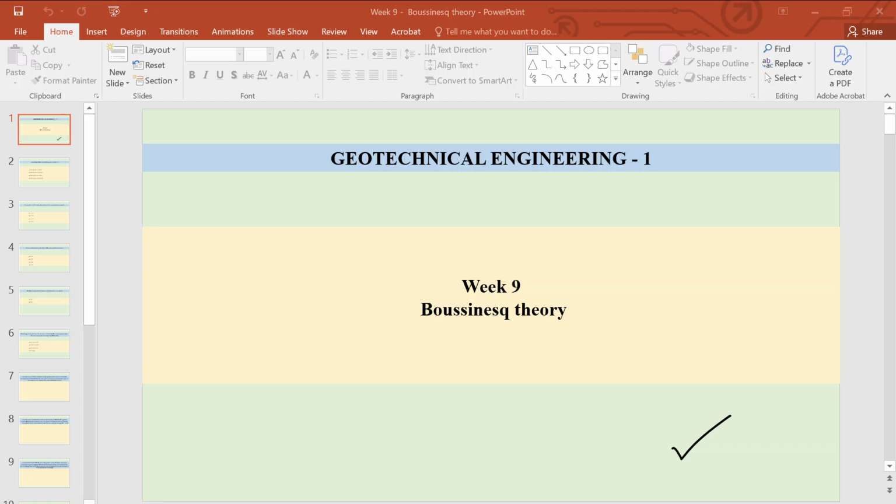Please note them down very carefully, and I will give you around 15-20 minutes, because you have to solve the numericals using the appropriate formulas for line load, for rectangular load, for circular loading, for this Boussinesq theory. After you solve all the questions, I'll again give you some time.